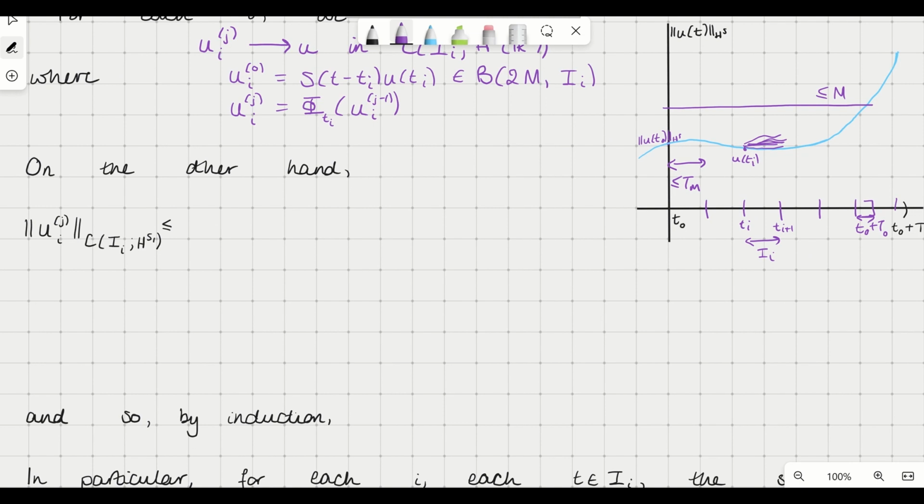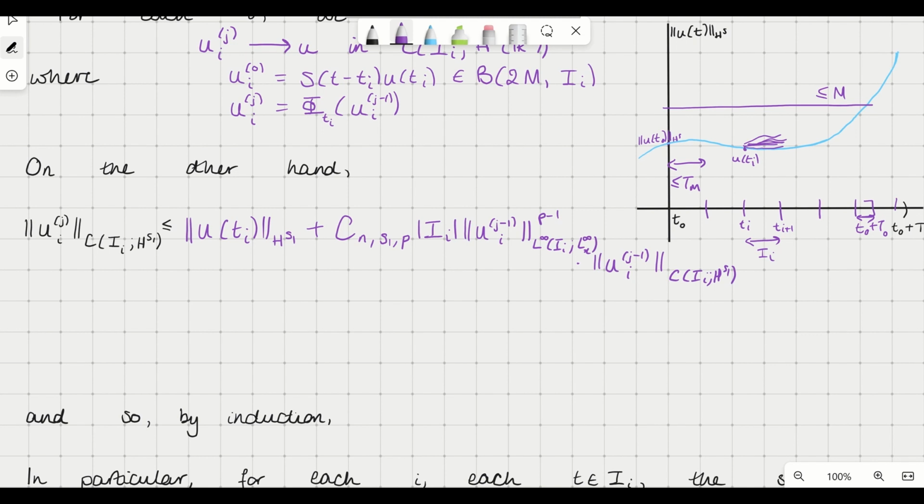I'm really sorry for all of the indices going over here. So you can bound this by the norm of u at time t_i, which is our sort of initial time now, in H^{s1}, plus some constant depending on n, s1, and p, multiplied by the width of the interval, the norm of u_i^{j-1} in L infinity(I_i, L infinity x) to the power p minus 1, times the norm of u_i^{j-1} in C(I_i, H^{s1}).